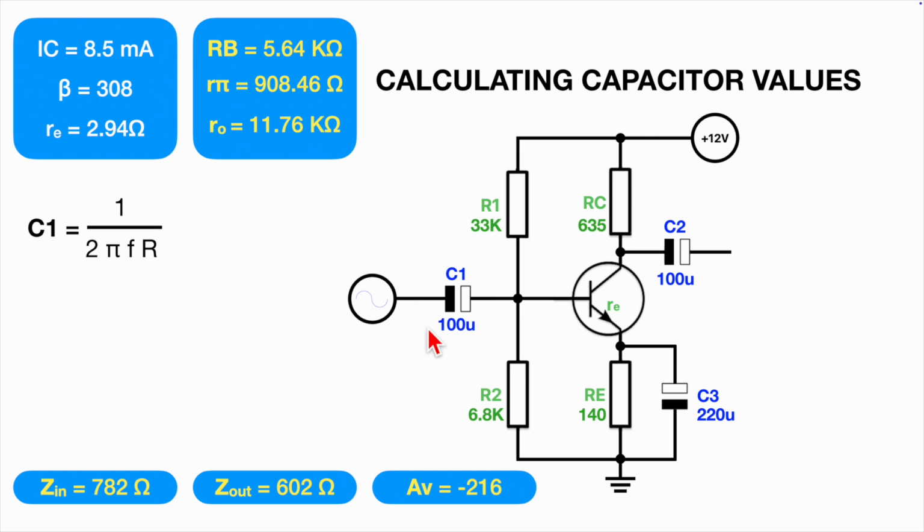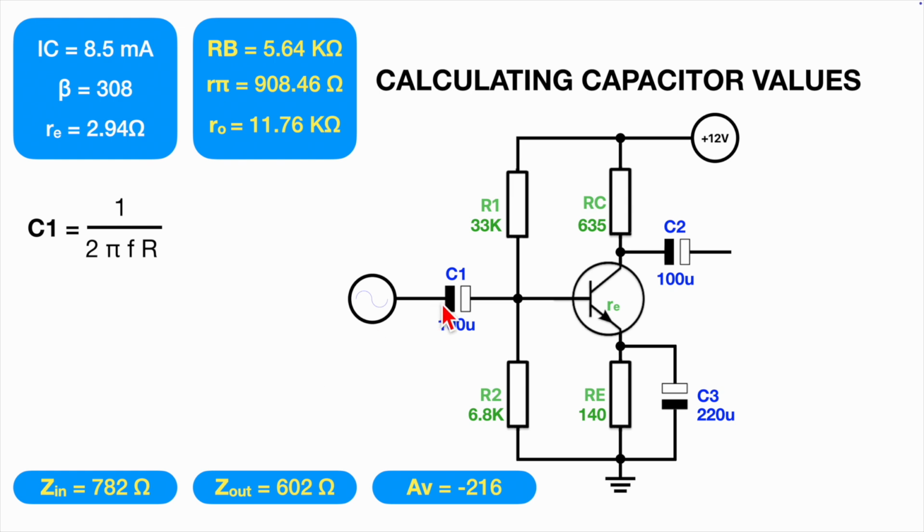So the minimum value of C1 needs to be 1 over 2 pi F, which is the lowest frequency, in our case would be 300 hertz, times R. Well, what's R? R is the resistance, but actually the resistance from our point of view here is the input impedance or the input resistance.